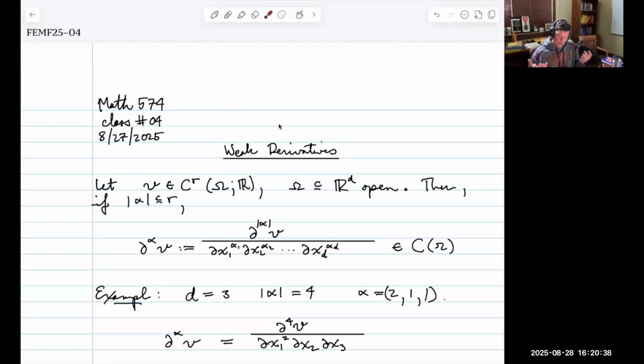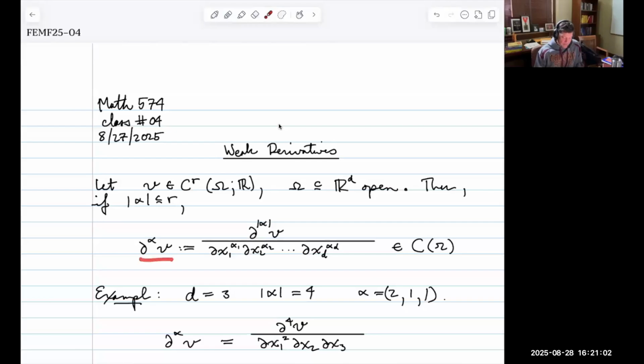What does that mean? Well, what I mean is you can take all the partial derivatives that you want of any order up to and including r, and those are all going to be continuous functions. But what do those partial derivatives look like? Well, precisely using my multi-index notation, I can write this in a very concise way.